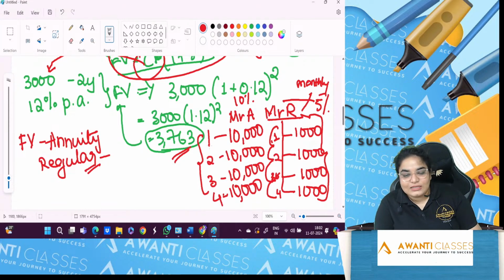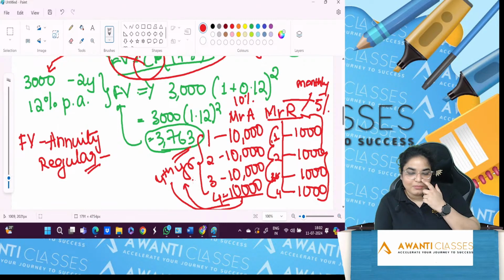Now, is it natural to ask that after 4 years, every single year at the end of the year, Mr. A has given how much? Mr. A has given 10,000 rupees. At the end of the fourth year, he will get his money back. Who will get his money back? Mr. A will get his money back.